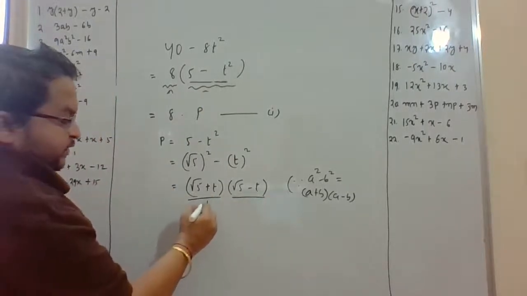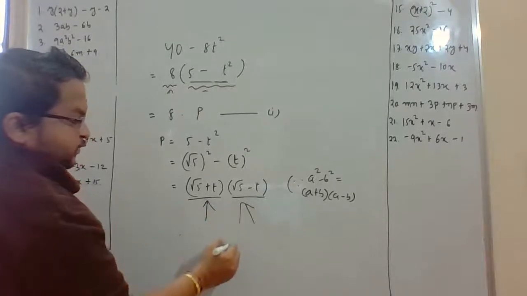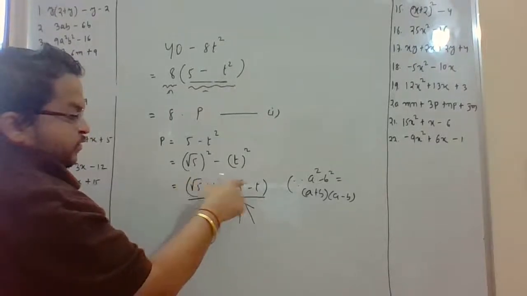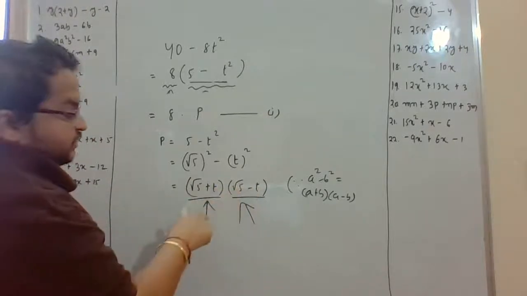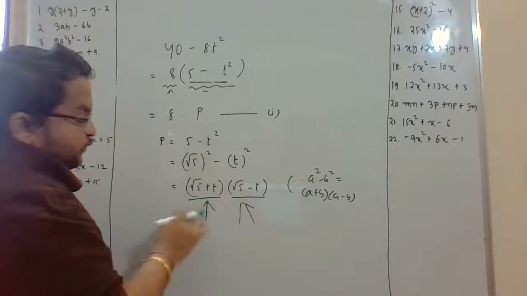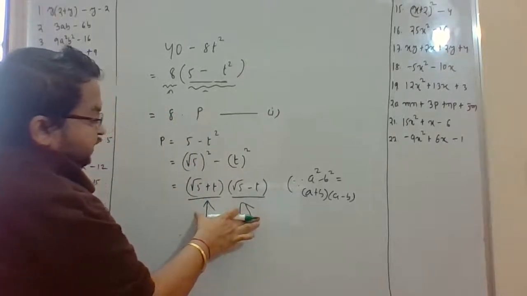And if you see here, this is one factor, this is one factor, and the highest degree or highest power of variable in both these factors is 1, right? So which obviously means now this is fully factorized.